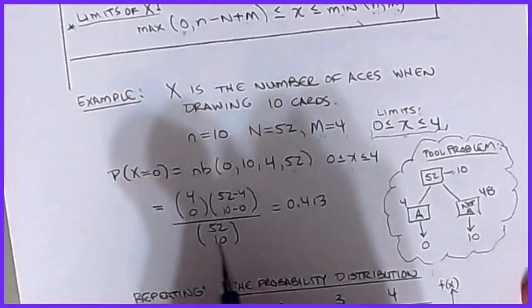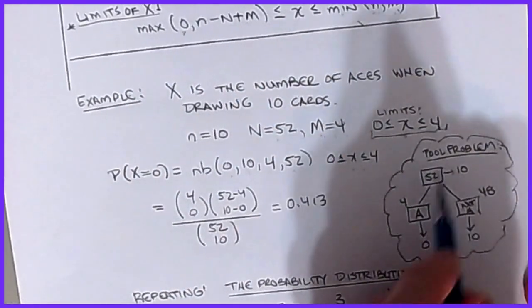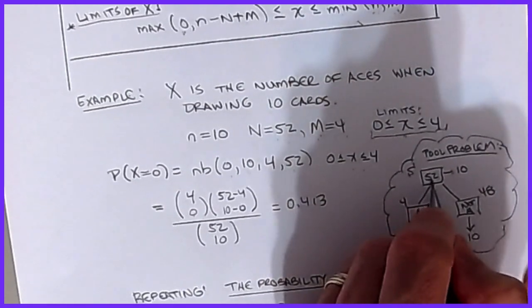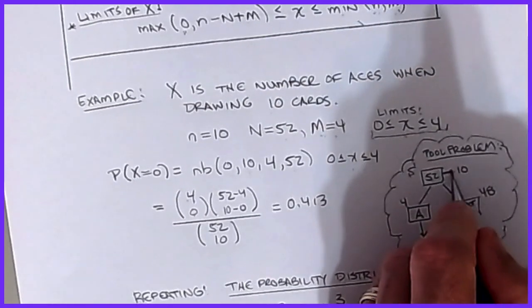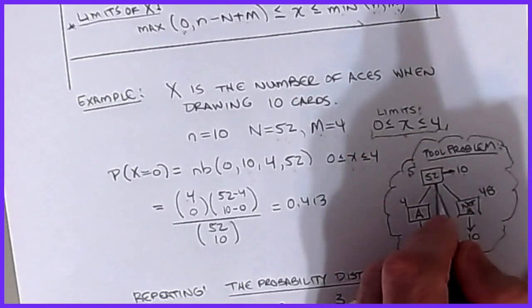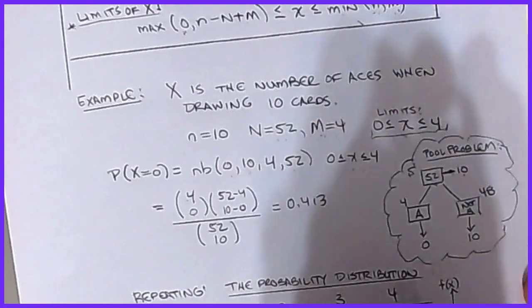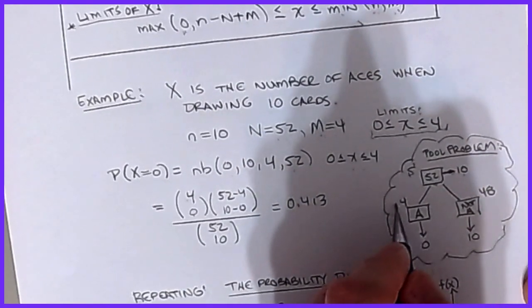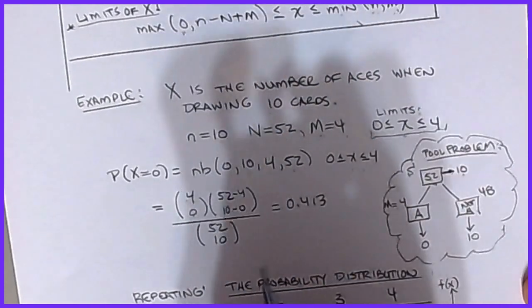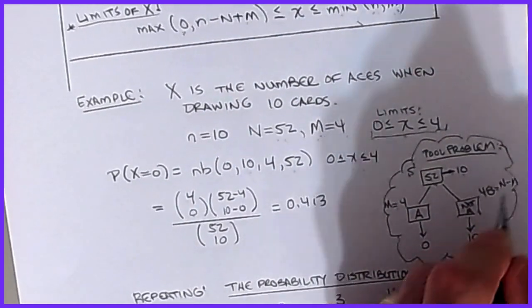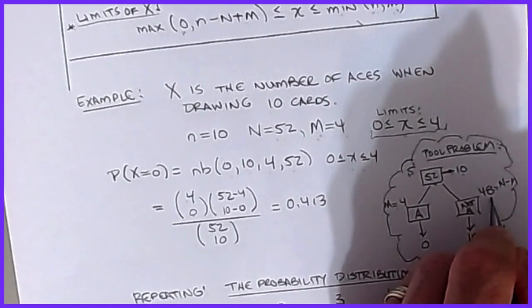Now, this is a pool problem as we defined it. If you remember, I showed you how to draw these last time. If this is my sample space that was 52, we're pulling 10 as the total number of ways to pull 10-card hands out of 52 possible cards. I then have an event A, which is my number of aces, which is 4. So that's my capital M. And then this guy is N minus M, 48, 52 minus 4, right?